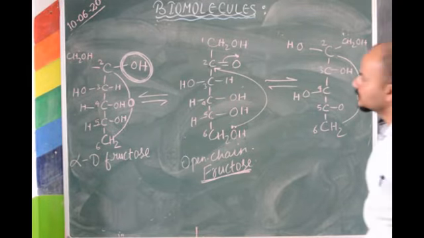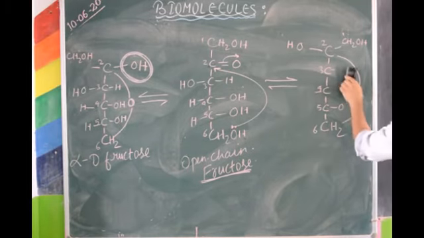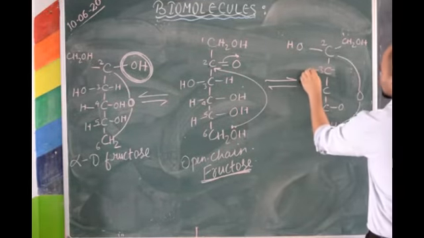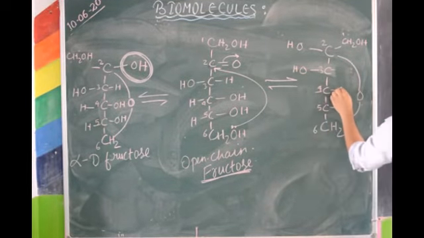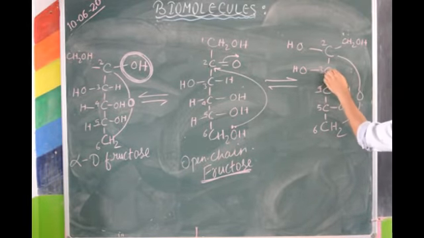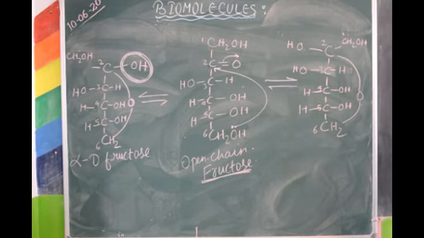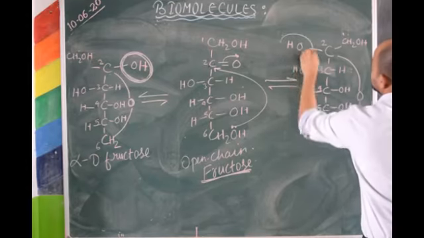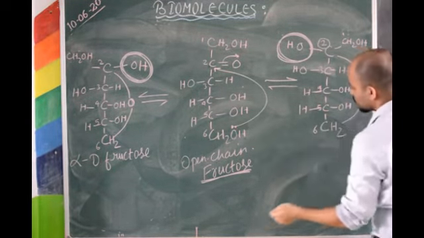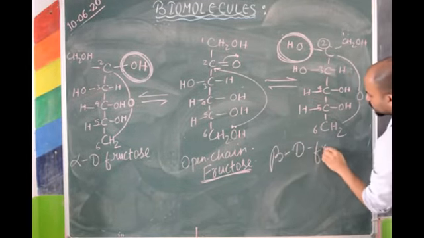At carbon number 3 you have OH on the left hand side. So here we have OH, then OH this side, then OH here. This is hydrogen, this is hydrogen, this is hydrogen. Since the OH group at carbon number 2 is on the left hand side, it is known as beta D fructose.